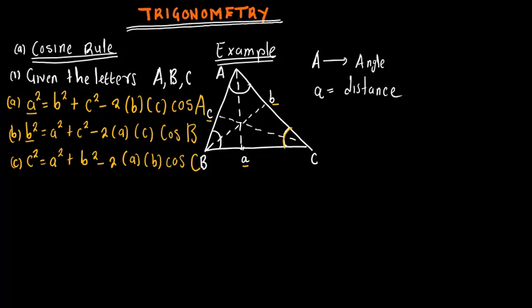Having noted how to come up with the cosine rule, the first thing that you can calculate from these formulas is the angle, the distance.